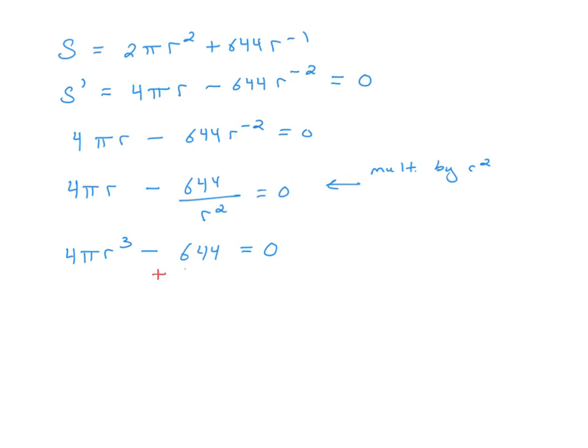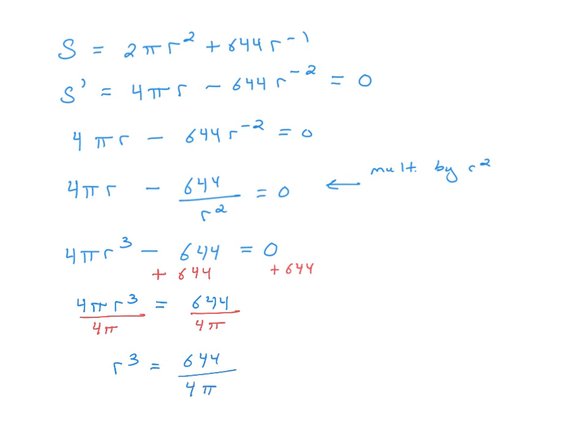All right, I'm going to add 644 to both sides, and that will give me 4 pi r cubed is equal to 644. So I'll divide both sides by 4 pi. So r cubed is equal to 644 over 4 pi.